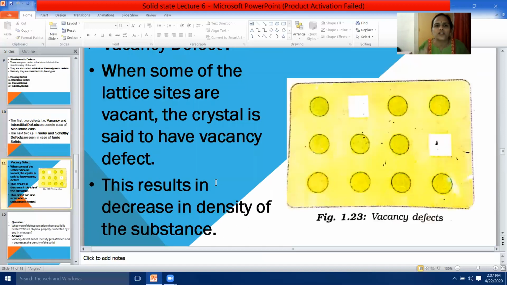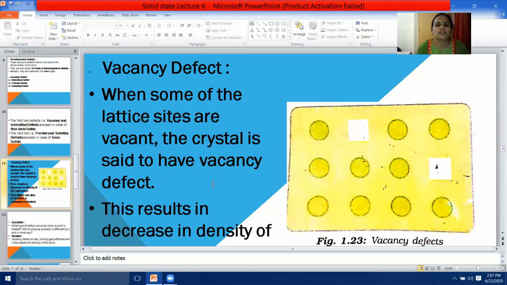The first I start with is vacancy defect. You can see here on the slide, vacancy defect, when some of the lattice sites are vacant. This is figure 1.23, vacancy defect. The yellow spheres are your constituent particles, and when some of the lattice sites, the white ones which you can see, are vacant, the crystal is said to have vacancy defect.